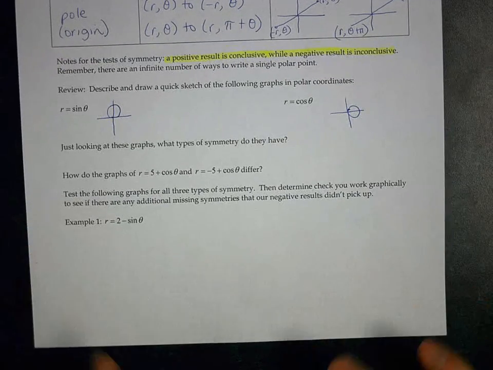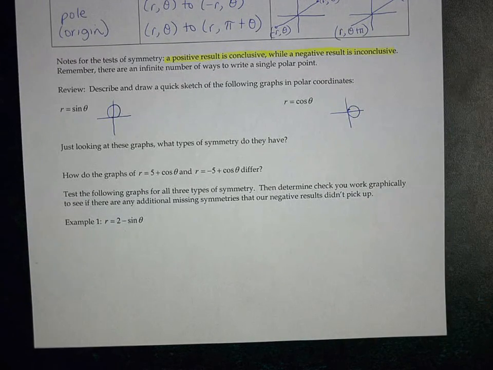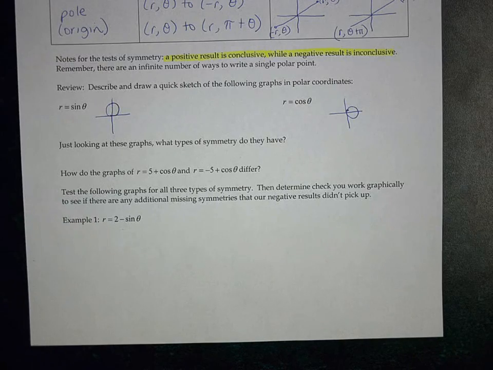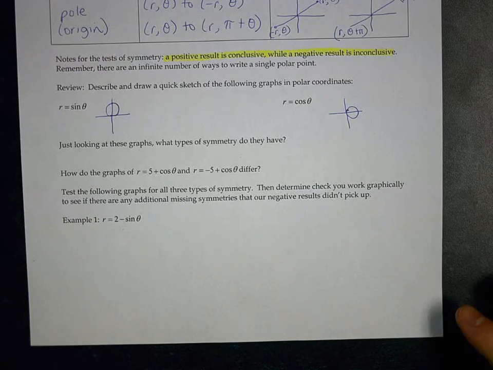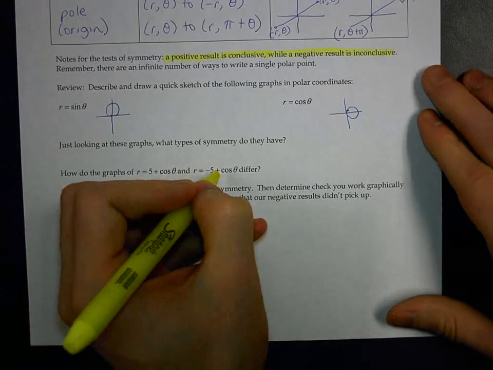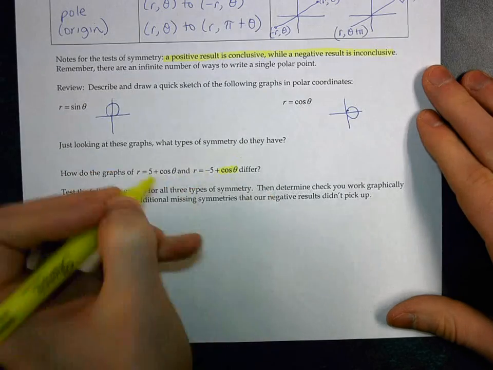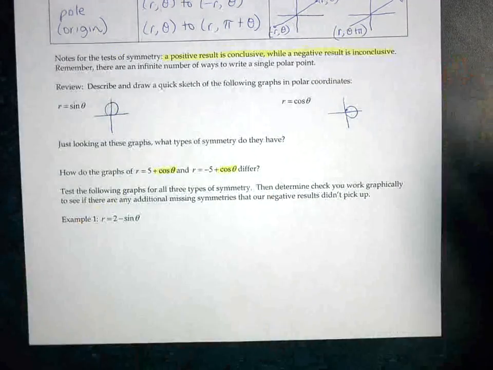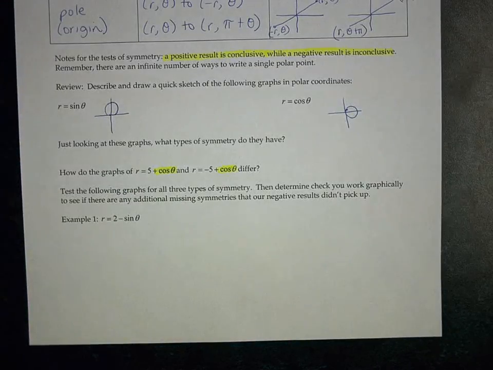Now this point here: how do the graphs of r equals 5 plus cosine of theta and r equals negative 5 plus cosine of theta differ? You might say those are completely different equations, and you're right, they do look completely different. But there's only one thing that's different, and it's the 5 and the negative 5 in front. This cosine of theta, that's the function, and those are identical.